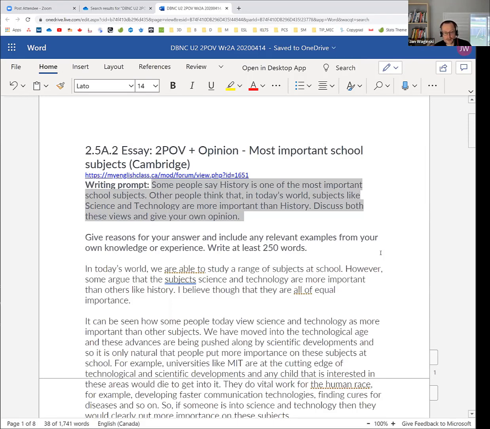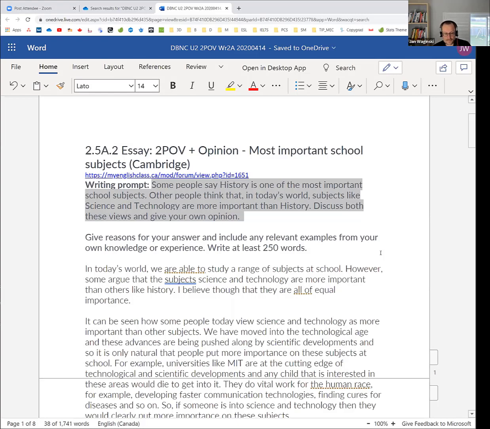Then you would give 2 paragraphs, 1 for each supporting reason, followed by a conclusion, which just reiterates your thesis.